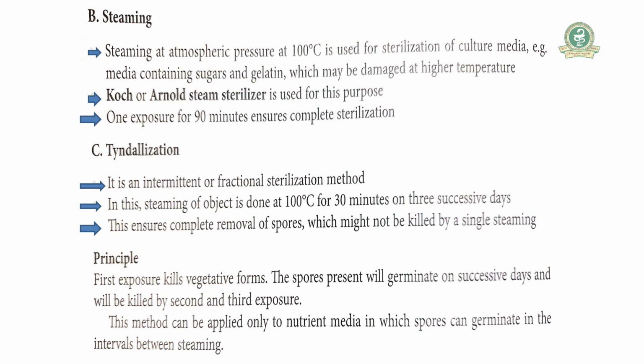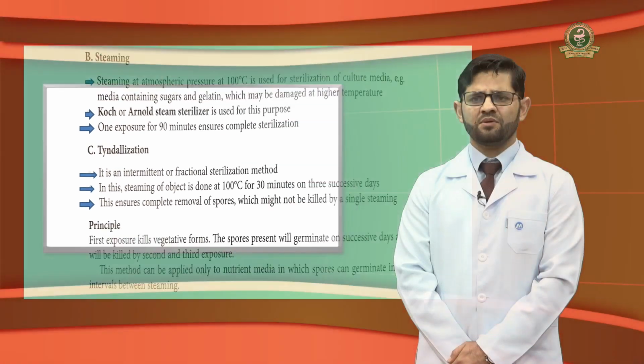Next, tyndallization. It is an intermittent or fractional sterilization method. In this method, steaming of the object is done at 100 degrees centigrade for 30 minutes on 3 successive days. This ensures complete removal of spores, which may not be killed by a single steaming.